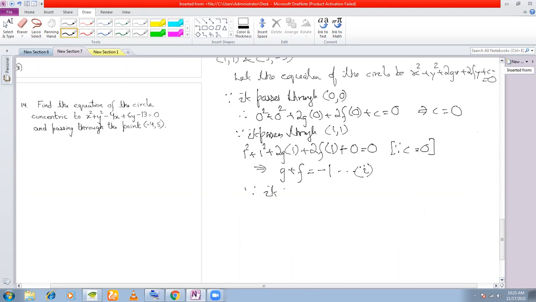Since it passes through 5 minus 5, right? That was the point.